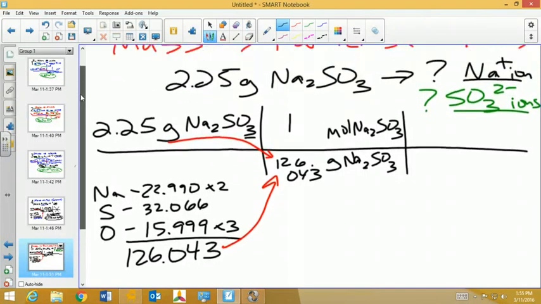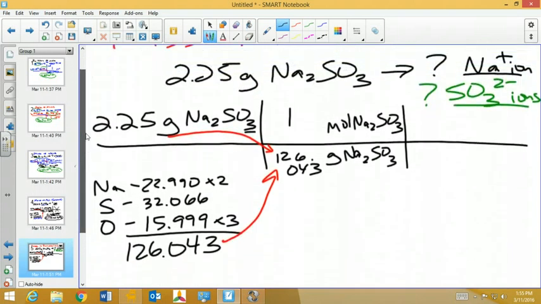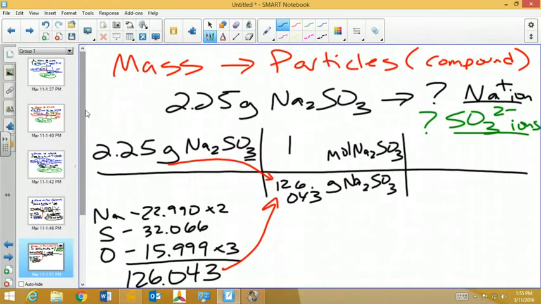But I don't want to end up in moles. If I did, my problem would be over. I want to end up in the number of sodium ions. So if I'm looking for a particle, for a piece of something, like an ion or an atom or a molecule or formula units, then I have to use Avogadro's number to make that change.